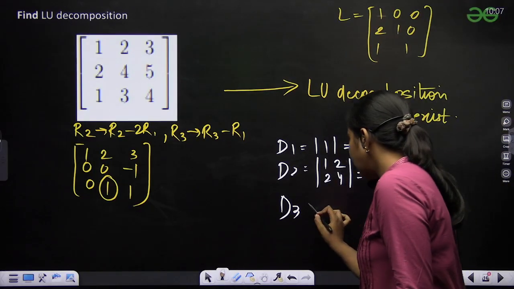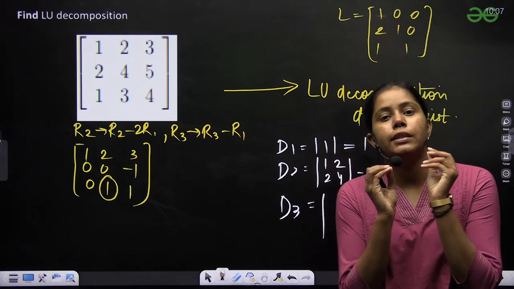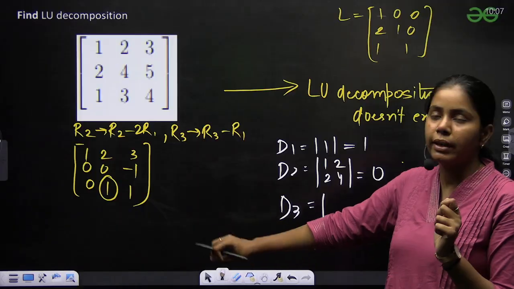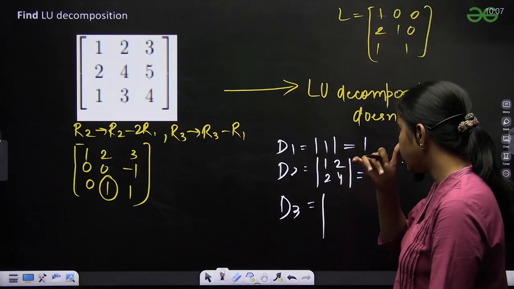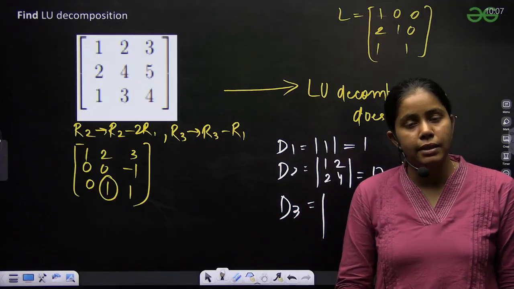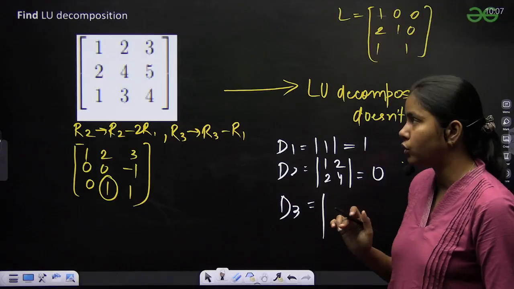But I'll check D3 as well, because it is not required that if it is an invertible matrix, it would always have an LU decomposition. An invertible matrix which has all the leading minors non-zero would have an LU decomposition.